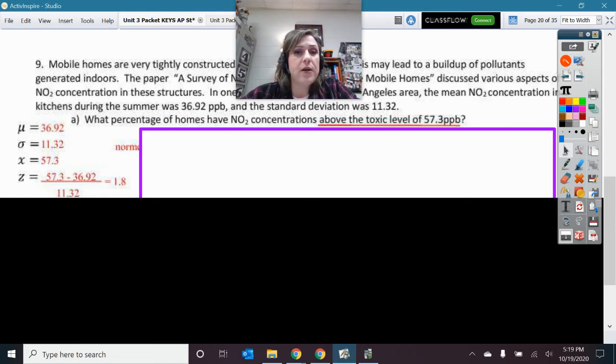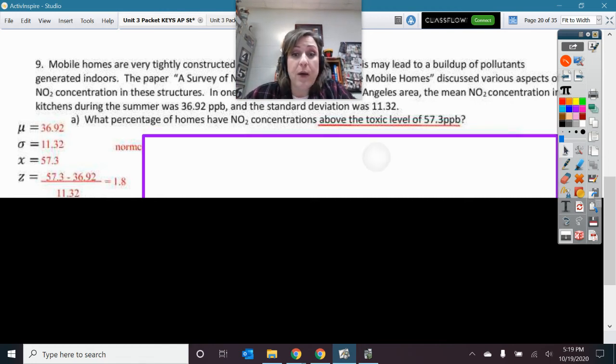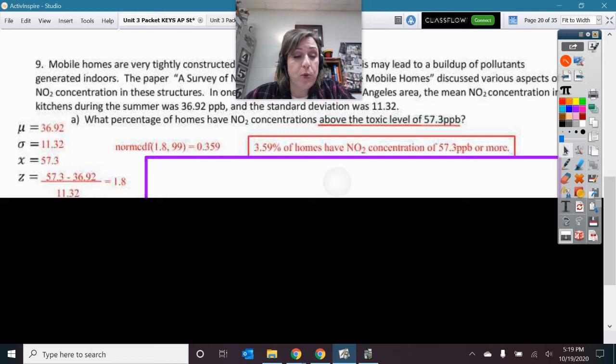So what I need to do now is get the area. If you're finding probability, the three P's: probability, percent, proportion of observations, use norm CDF. So I'm going to use norm CDF, and I want to go above, so I'm going to go from 1.8 to 99, and I get, was it 0.0359 or 0.359?